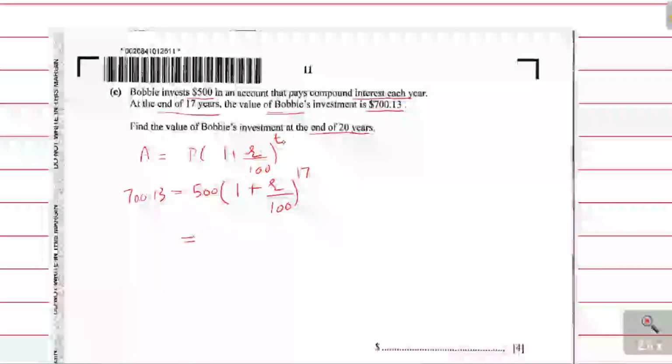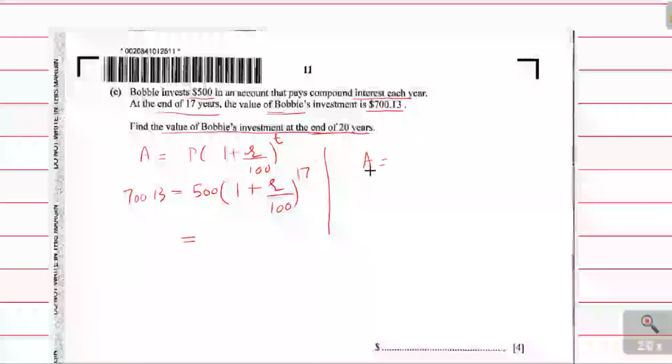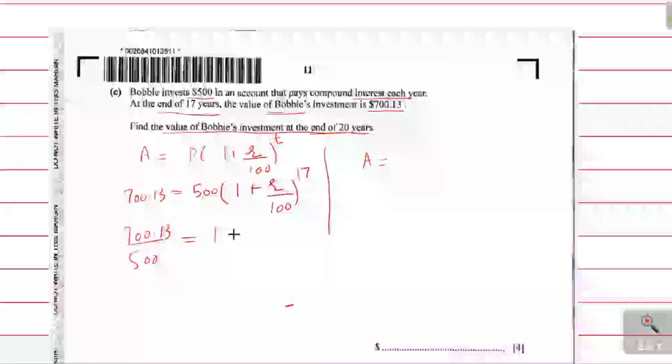Firstly, we have to calculate the rate of the compound interest: 700.13 divided by 500 equal to 1 plus R over 100 whole power 17.